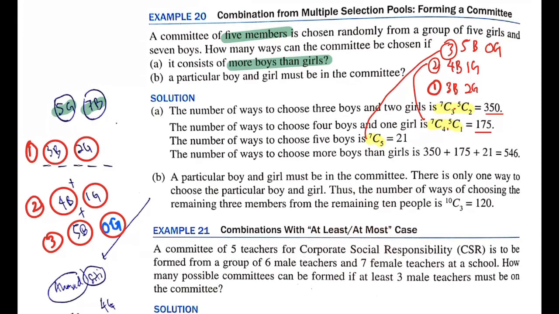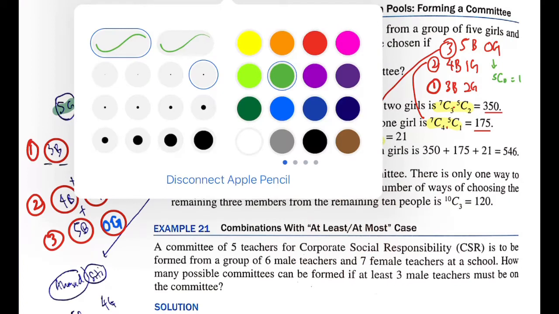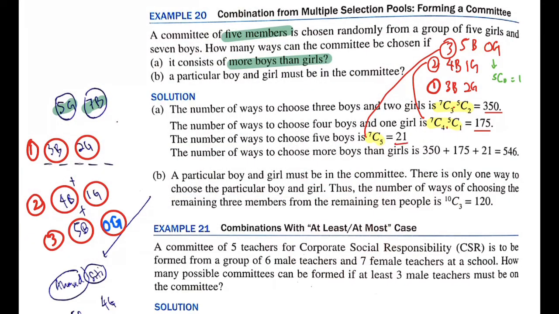The 0 girls is not written here, but if you want to write it, it is just 5C0, which is equal to 1. If you write it or don't write it, it's okay. It wouldn't affect our answer. So here it's just written as 7C5, and the answer is 21.